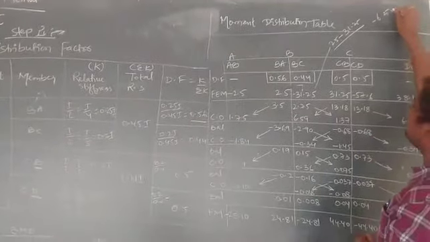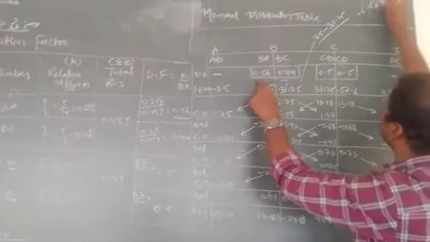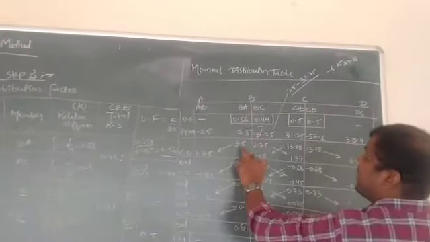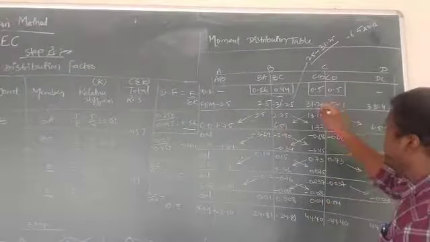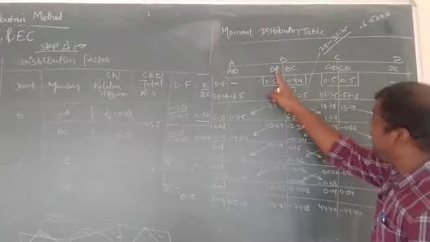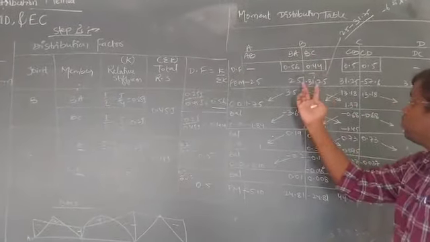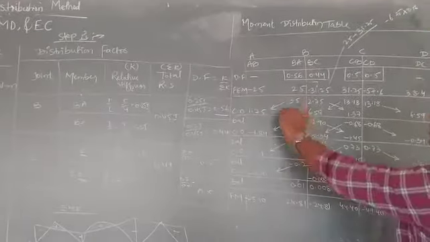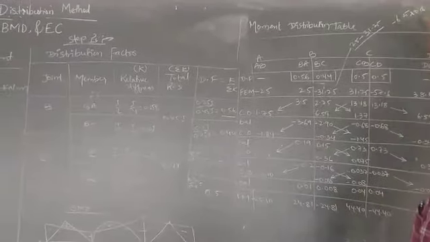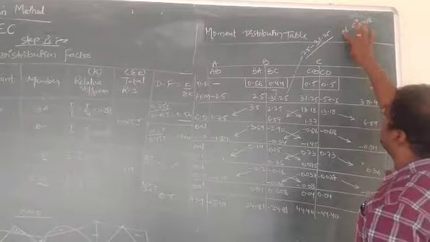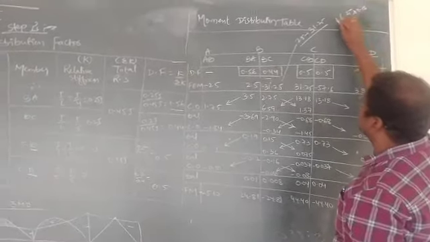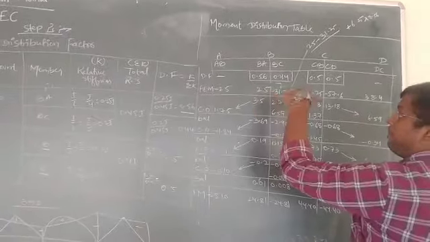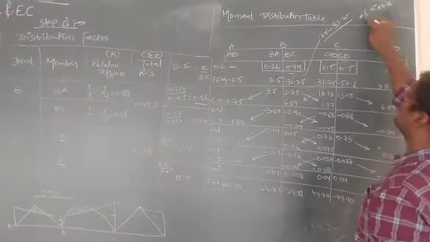Now multiply this with the distribution factor 0.56, you will get this answer, which is 3.5, but it should be opposite sign. Look at here, the sum of fixed end moment at BA and BC is minus 6.25. Here we need to balance the joint, so it is minus, so balancing moment will be plus.